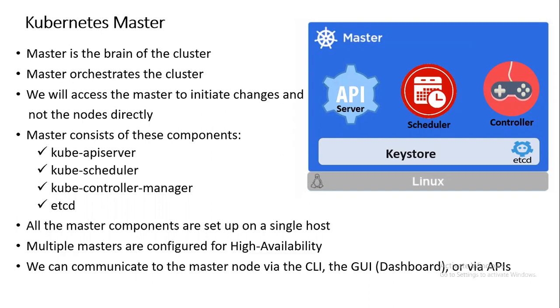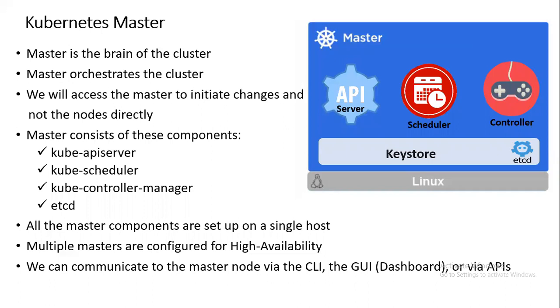Now the controller is like a manager. It will not go to the machine and do something. Instead, it gives the workload to the scheduler. The controller will say, for example, hey, this guy wanted to create a container. There is no such container. So I want you to go to machine 1 and create this container.